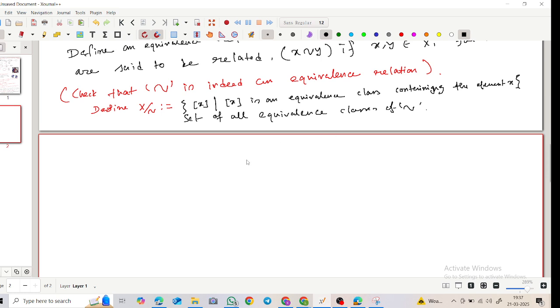So you see what we are doing is that, check that this is indeed an equivalence relation, and the x's are the equivalence classes.